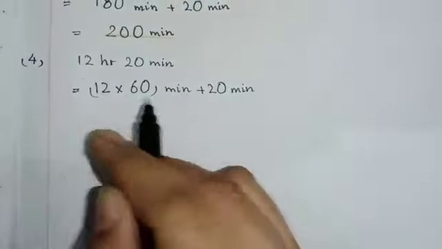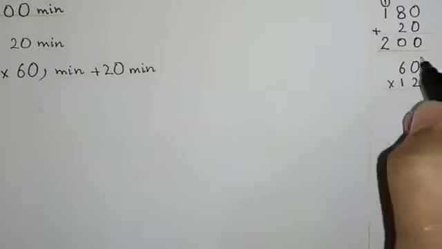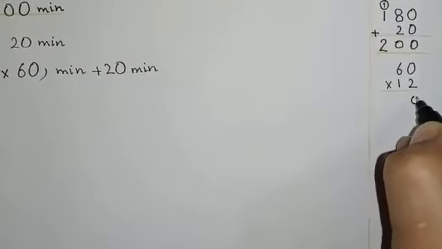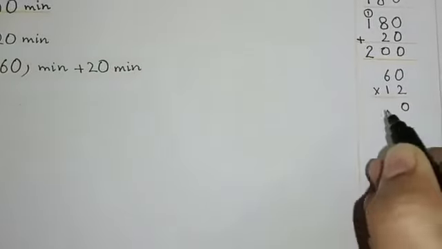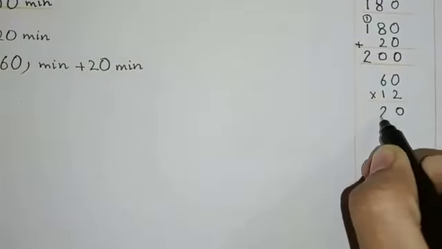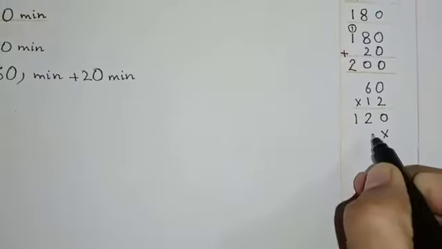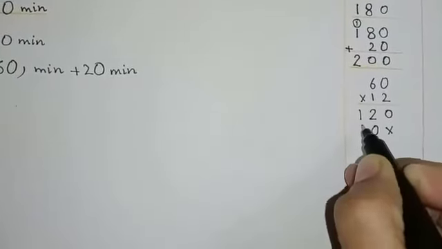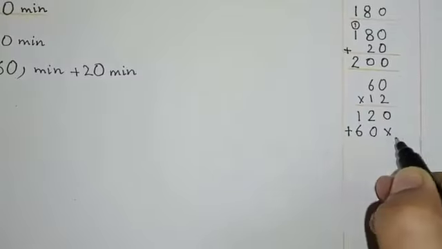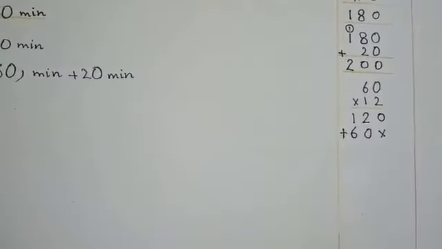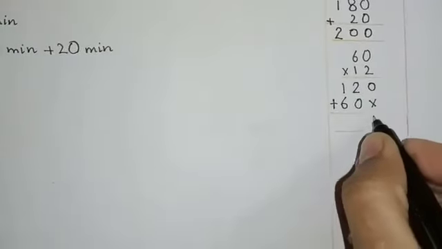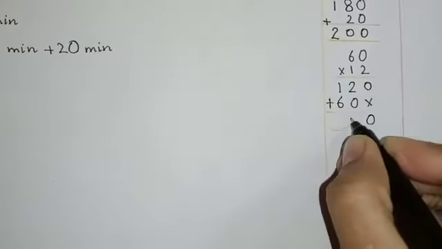Now we multiply 12 and 60. 2 sixes are 12. Now we multiply 1 with 0, it's 0. And 1 six is 6. Now we will add these two values. It's 0. 2 plus 0 is 2.